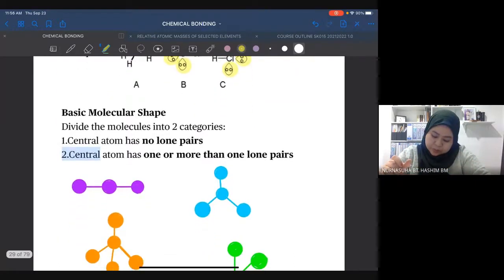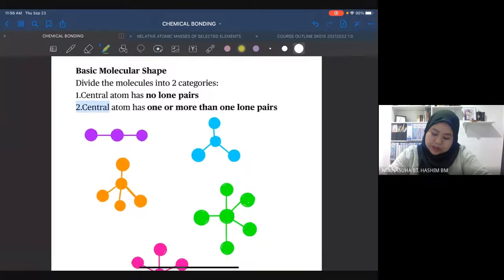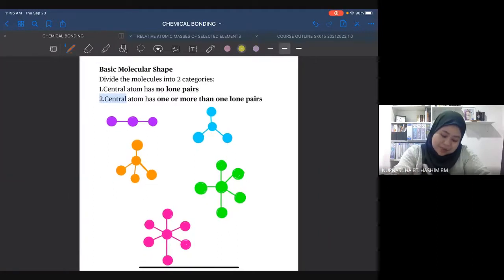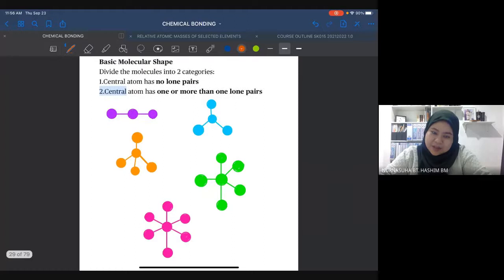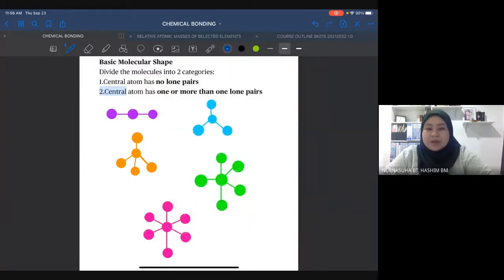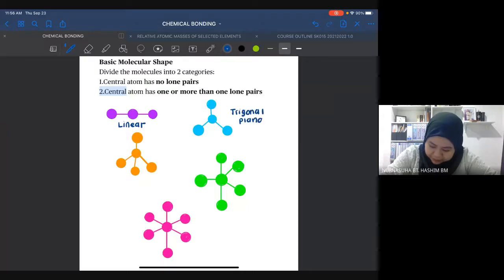Okay, so sebelum tu Madam nak tunjuk, we have 5 basic shapes of the molecule. Kita ada 5 basic shape. The first one is linear. Second one, this one, Trigonal Planar. This one, Tetrahedral.